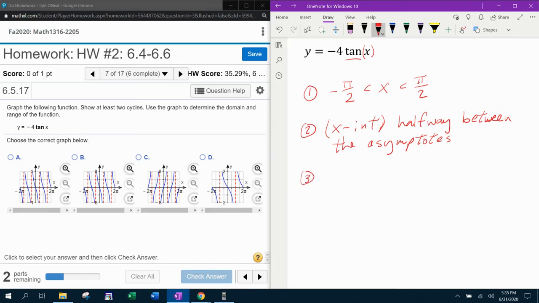Step number 3, we're going to word it like this. At the first and third quarters, you're going to have y values of negative a and a, respectively.